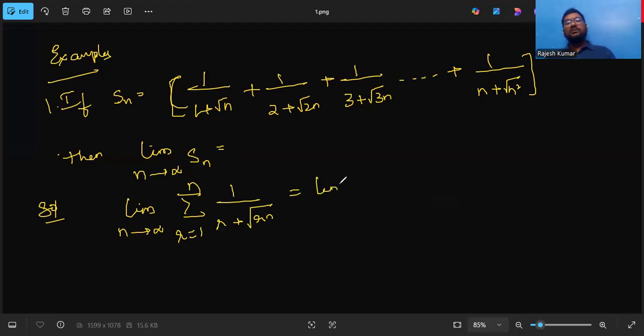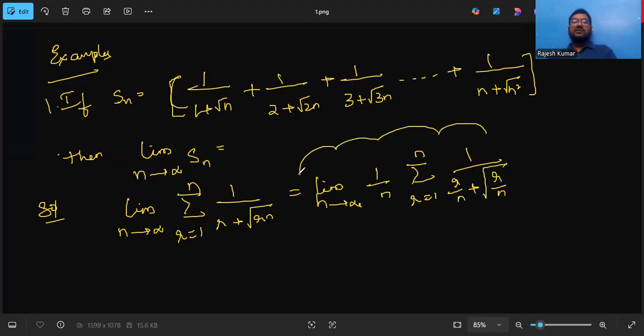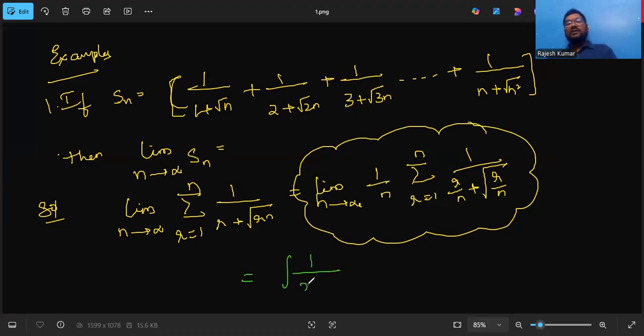That is equal to the limit as n tends to infinity. If I take n common, it becomes 1 by n into the sum from r equal to 1 to n of 1 by r by n plus square root of r by n. Using the analysis we did in the last slide, it can be written as the integral of 1 by x plus root x into dx.